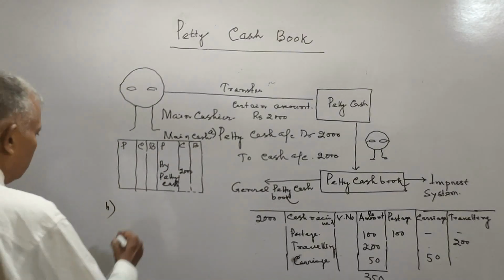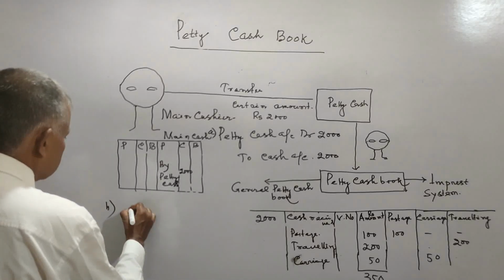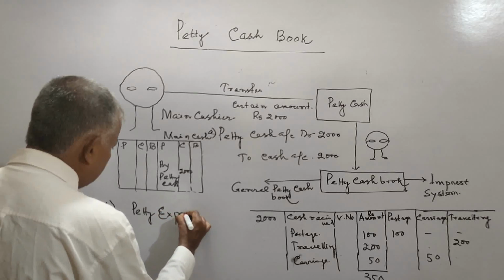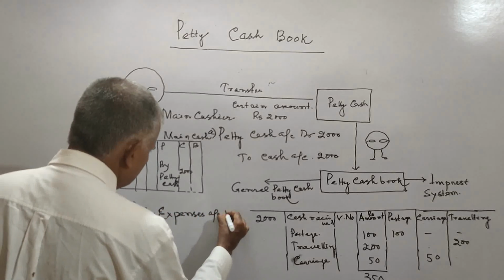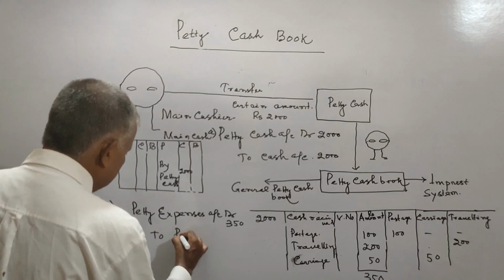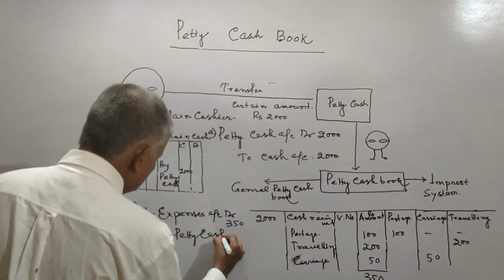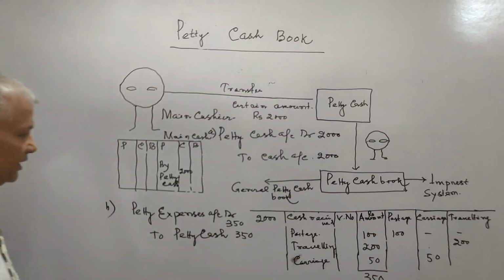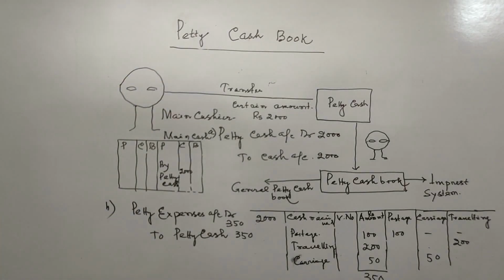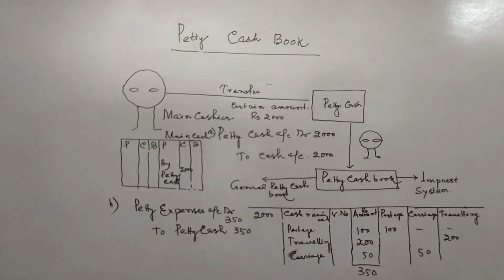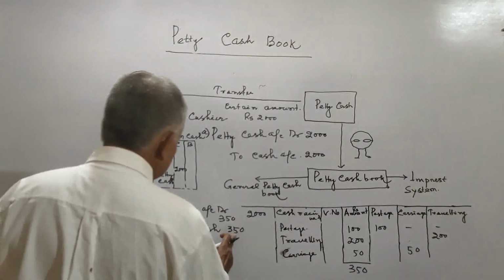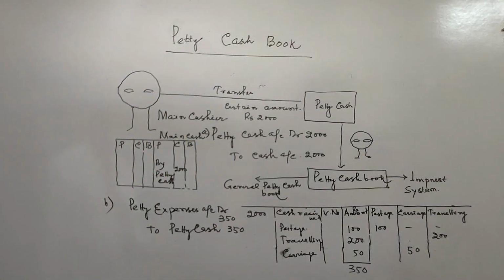Entry number 2, when expenses are made, this is petty expenses account debit 350 to petty cash. So the journal entry, when the expenses are made for rupees 350, the petty expenses account debit to the petty cash account, that is 350.